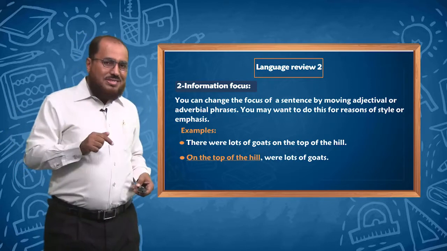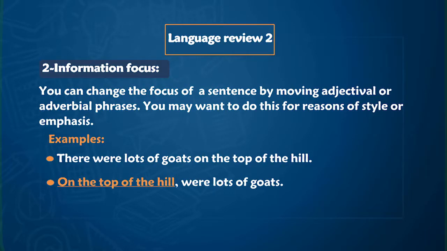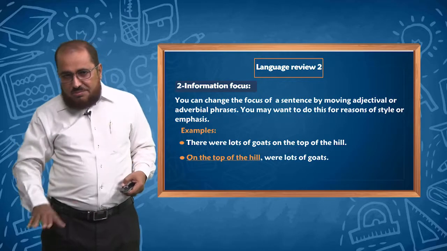But in the second sentence, the writer focuses on the place. Where are they? So he started with the adverbial phrase, on the top of the hill. That means the goats now are on the top of the hill, not in any other place, not in the middle or at the bottom.